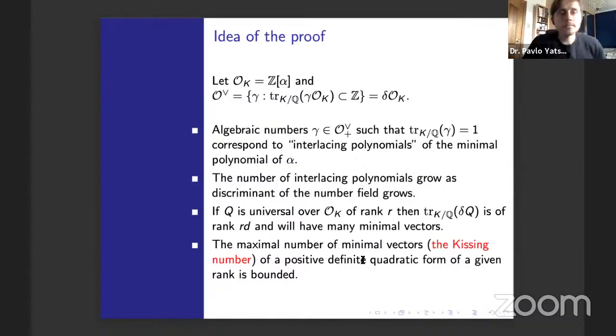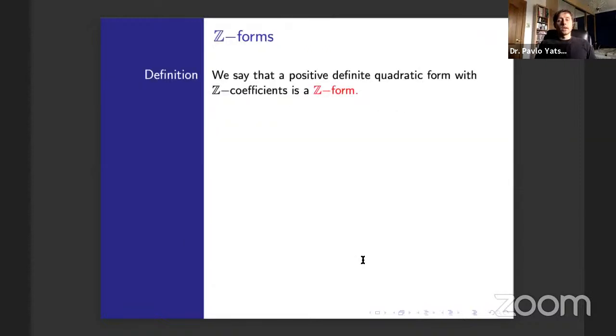Now, here we worked with a general quadratic form, but we can simplify the question slightly. Instead of considering any quadratic form, we can consider a quadratic form with integer coefficients.